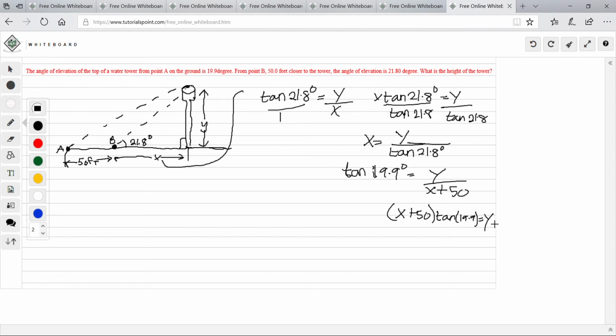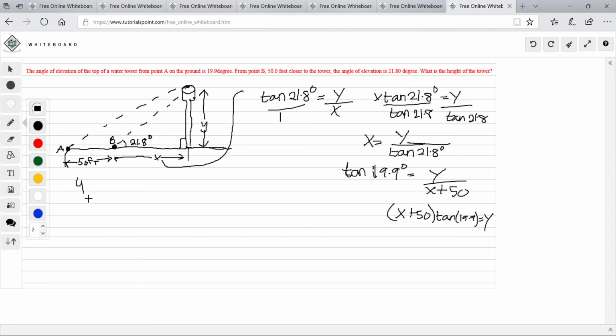Okay, so to find the value of y, we must write an equation that involves only y. Since x equals y divided by tangent 21.8, we can substitute y divided by tangent 21.8 for the x in the last equation. So over here, we're going to substitute it.